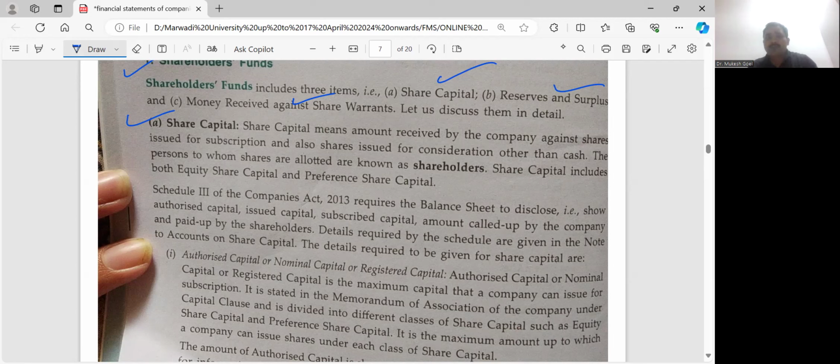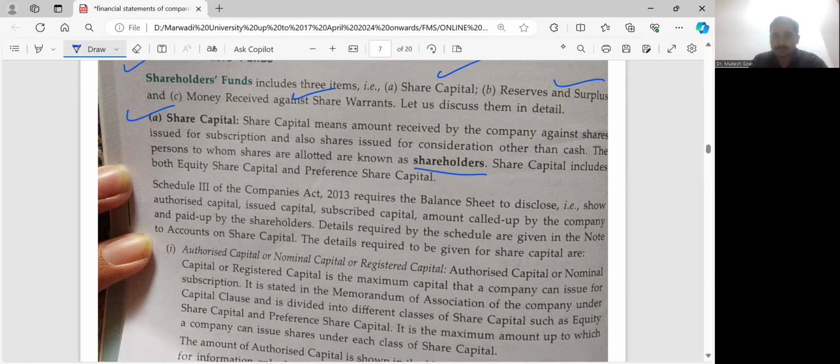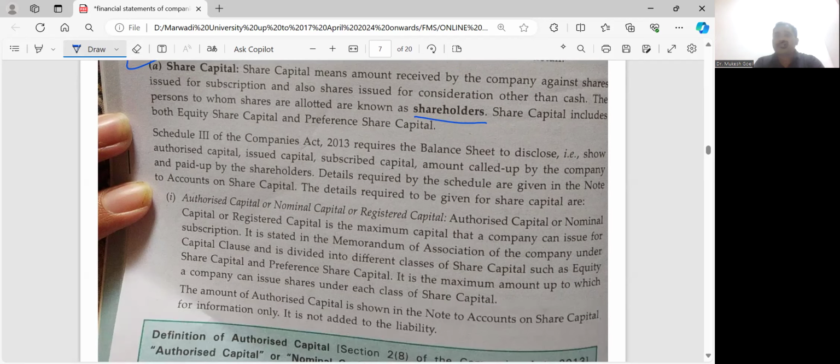The persons to whom shares are allotted are known as shareholders. There are two types of shareholders: equity shareholders and preference shareholders. Schedule 3 of the Companies Act 2013 requires the balance sheet to disclose authorized capital, issued capital, subscribed capital, the amount of called up capital of the company and paid up capital by the shareholders.